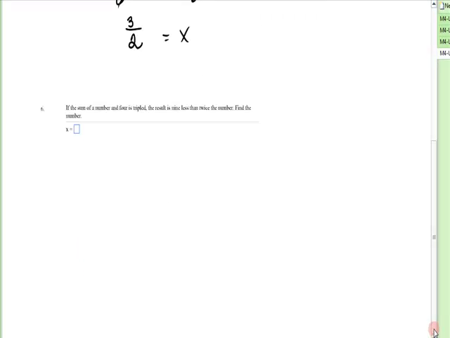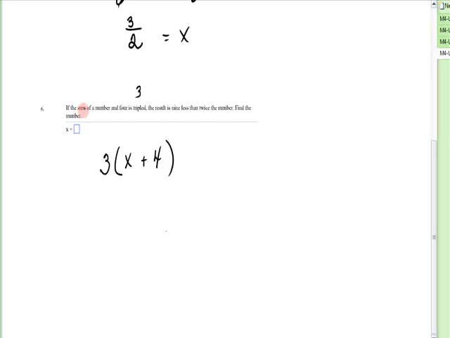All right, let's see our last one. It says, if the sum of a number and 4 is tripled, the sum is tripled. Now, tripled means multiplied by 3. So I'm going to multiply 3 times the sum of a number and 4. That's a little bit harder to deal with, that language.